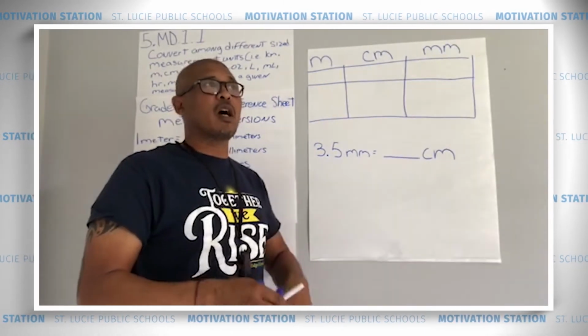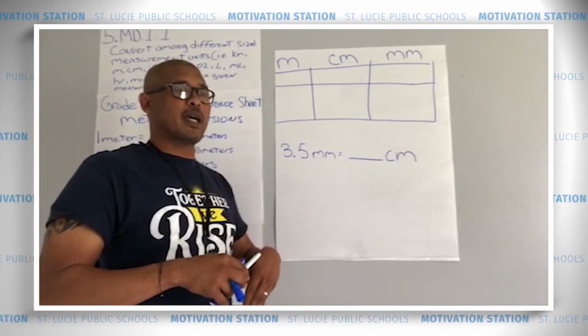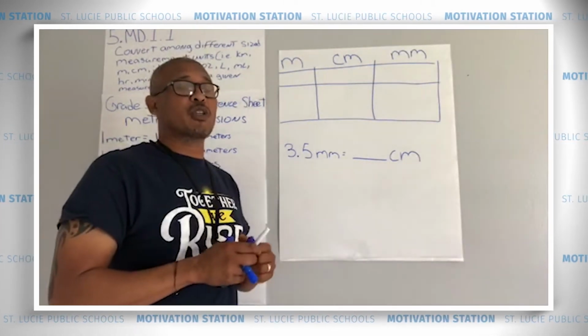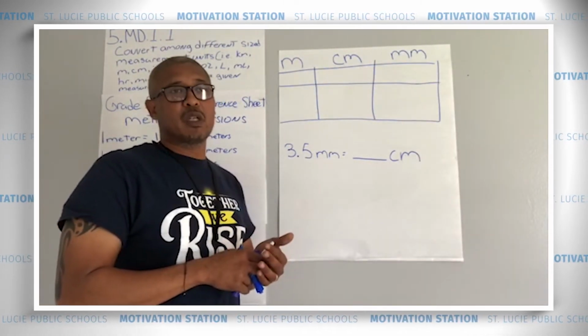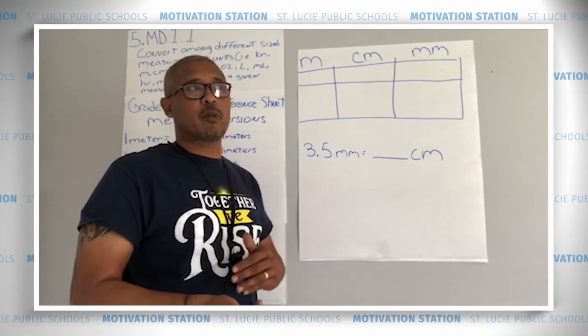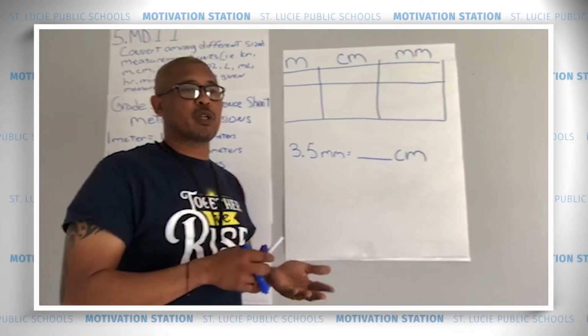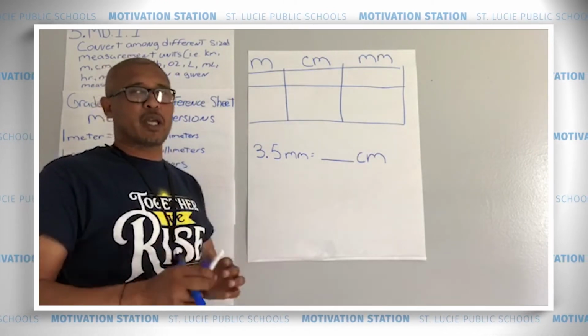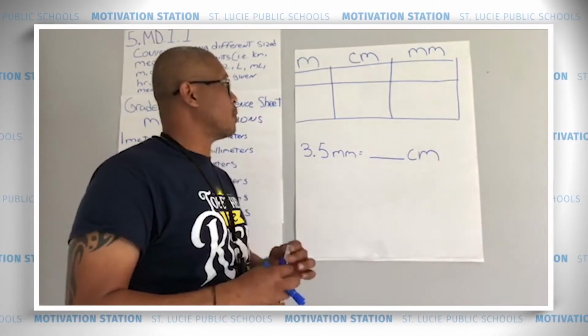So we're either going to be multiplying by 100, multiplying by 1,000, or dividing by 10. It all depends on what our questions are.